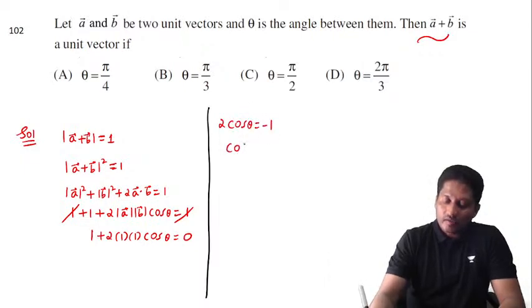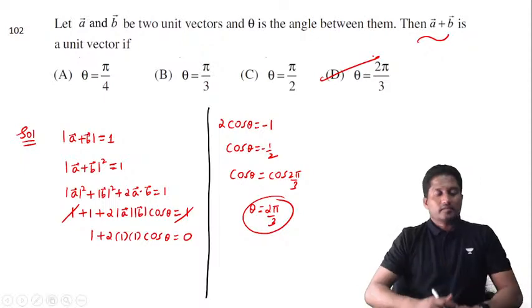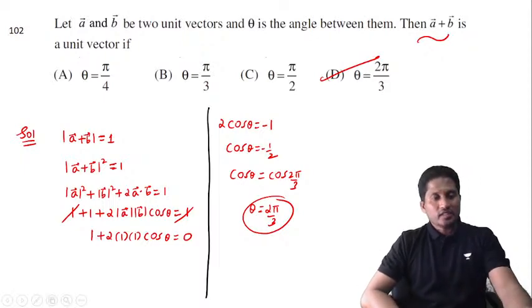And cos theta is equal to minus half. Now cos theta is equal to cos of 2 pi by 3. Cos 120 is minus half. So theta is equal to 120, 2 pi by 3. Answer is option D. Isn't it, guys? Cos 120 is equal to minus half.